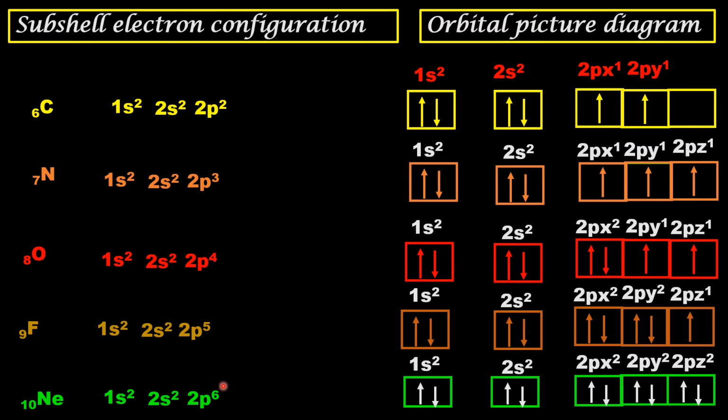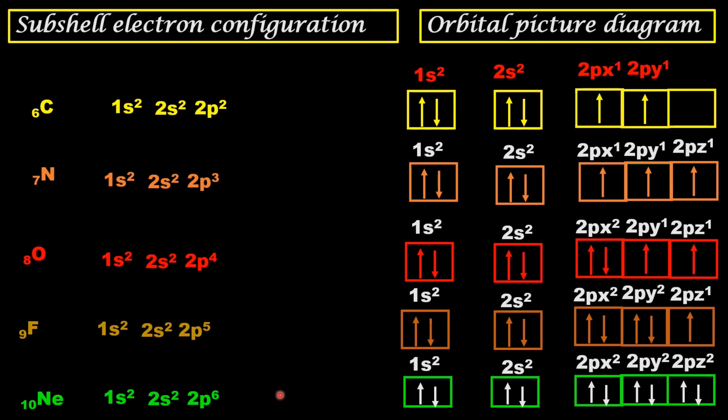In the third period, there are 8 elements and the principal quantum number is equal to 3. That is, it has 3 subshells, s, p and d. But the d orbitals do not get filled up in period 3.